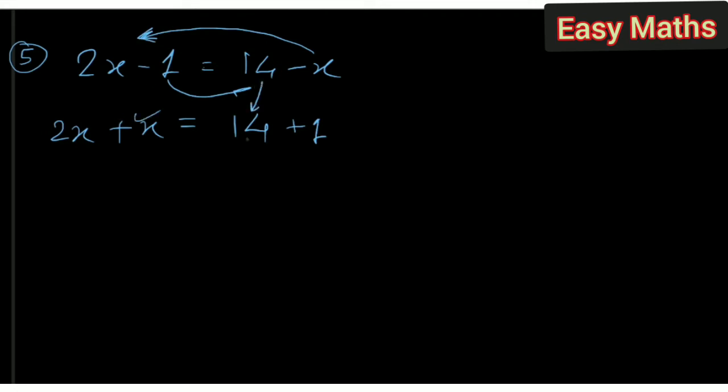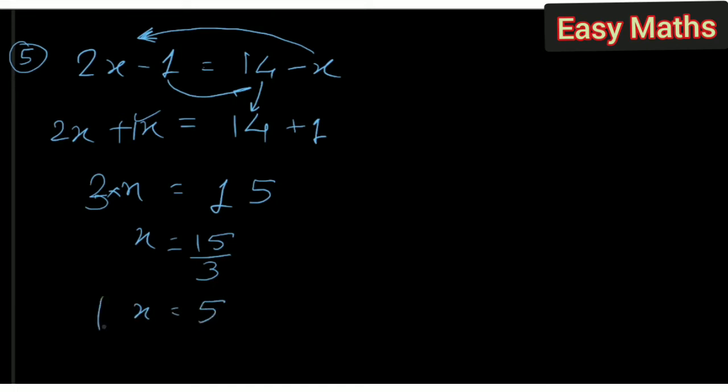This plus 14 remains as it is, and minus 1 goes from left to the right side of equal to and becomes plus 1. So this is 2x plus 1x, that is 3x, and this is 14 plus 1 is 15. There is multiplication here, so multiplied by 3 will become divide, and it will be 5. The answer is going to be 5.